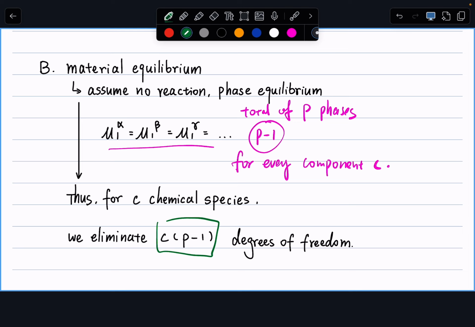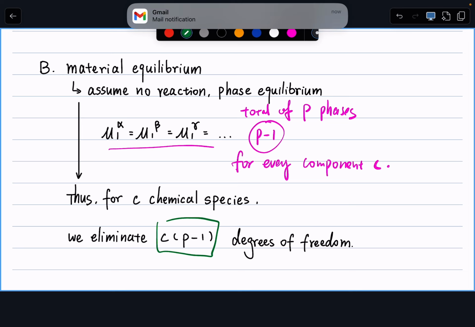We end up getting F equals C minus P plus 2. Well, we're considering no reactions, and every chemical species exists in every phase under that assumption.